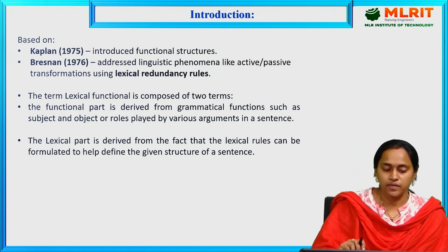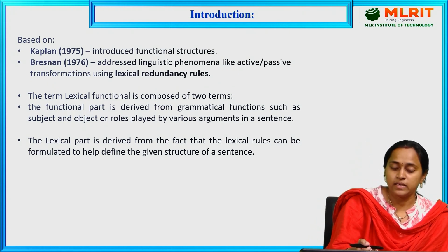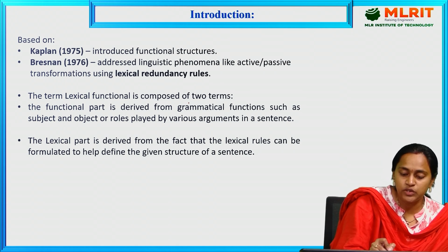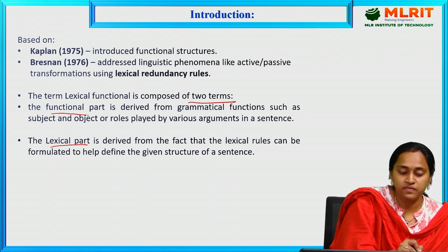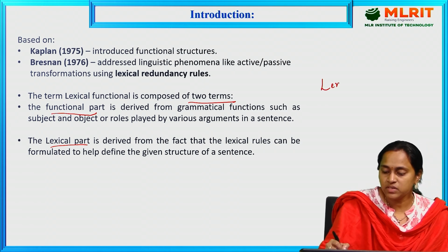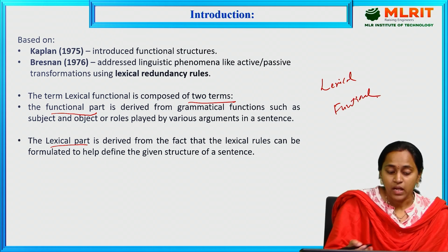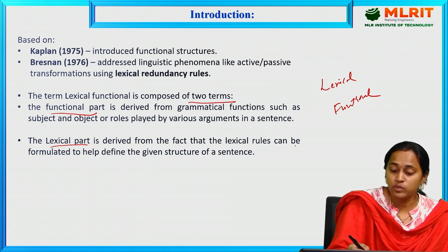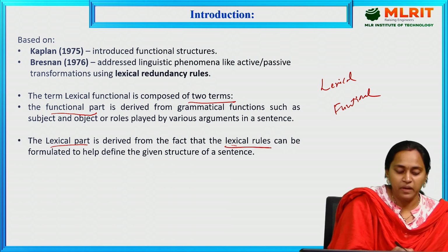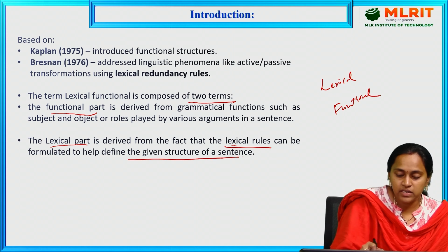Coming to the introduction, lexical functional contains two terms, right? The first is the lexical part, and the next is the functional part. Let's see the lexical part first. What is the meaning of the lexical part? Lexical rules can be defined for the given structure of a sentence.